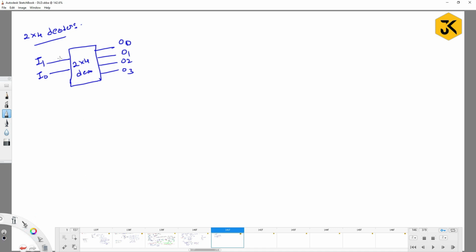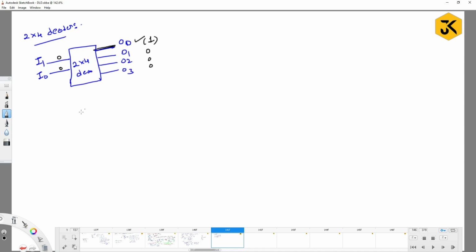If I give 0, 0 as input, at the output O0 your circuit is going to get the value 1, and in all the other locations you are going to get 0. Similarly, if you give 0, 1 as input, O1 is going to be selected.